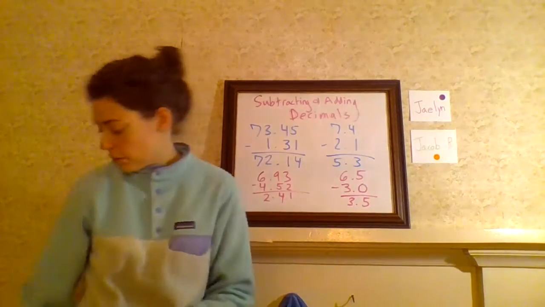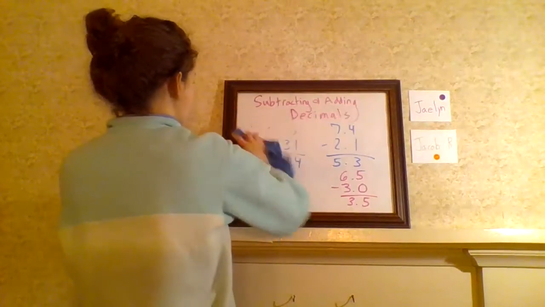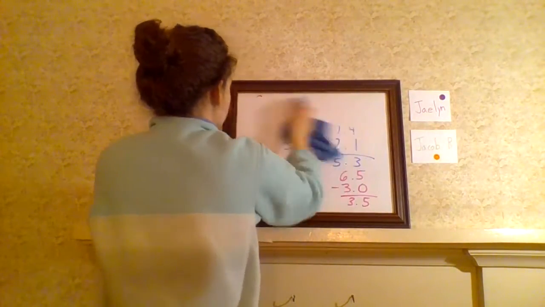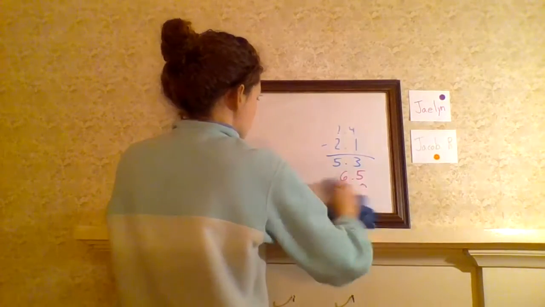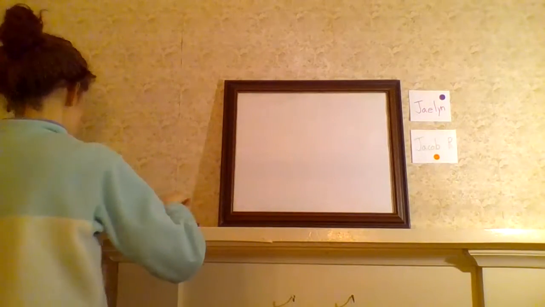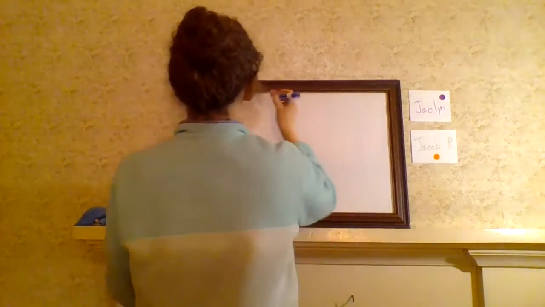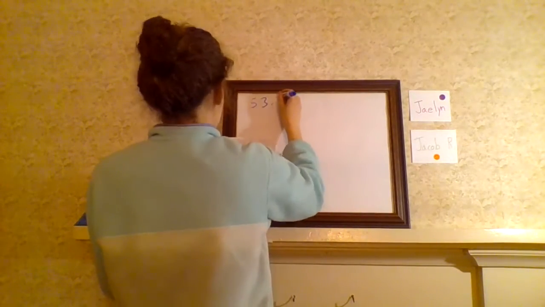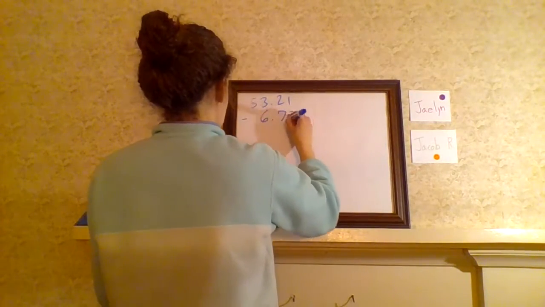Okay, so those were pretty straightforward. Now we're going to try some where we have to regroup to get our answer. So let's just say we had 53.21 subtract 6.72.